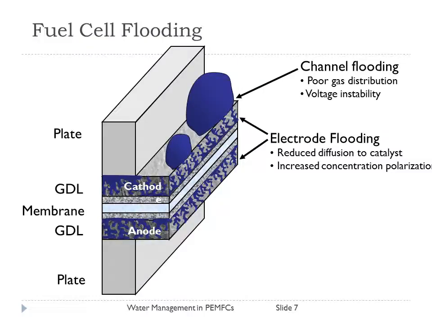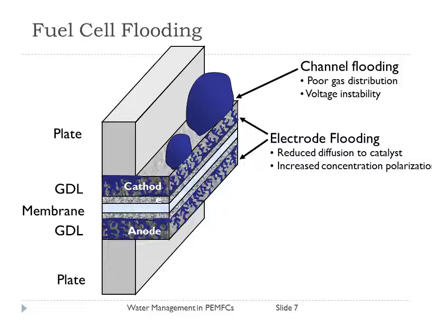And then if you continue to create water faster than it can get out of the system, you'll start forming water droplets in the channels. You can eventually get to the point where you're producing so much water that the channels themselves completely flood, completely blocking off the ability for oxygen to get to the cathode.